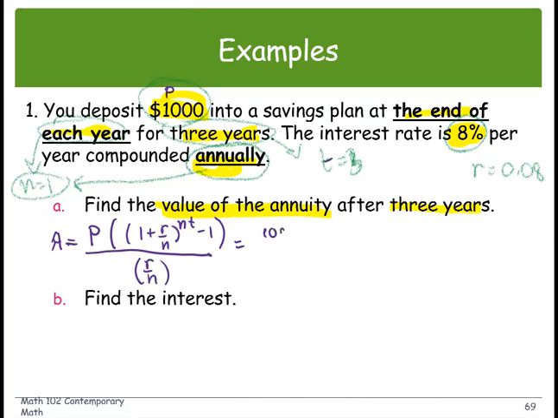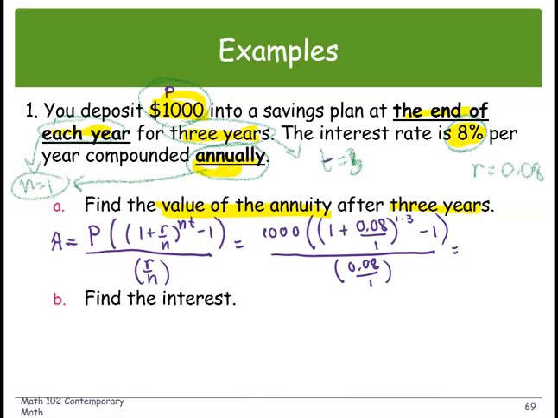P is $1,000 multiplied by, open two parentheses, 1 plus the rate 0.08 divided by n, which is 1, raised to the power 1 times 3, subtracted by 1, all divided by the R, 0.08, divided by 1 as the n. And then you can enter it in the calculator or simplify more, because 1 times anything is the same thing, or dividing by the number 1 returns the same number.